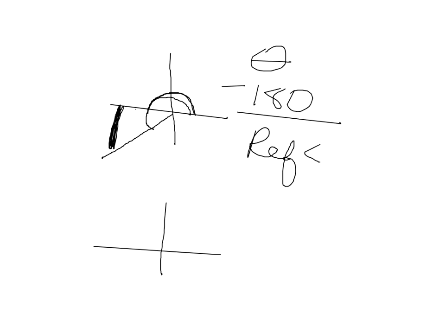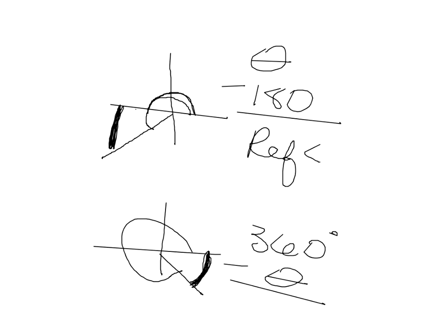And then in the fourth quadrant, we go to the positive x-axis, and altogether the given angle plus the reference angle is going to equal 360. So it's 360 minus whatever angle we're given to get the first quadrant reference angle.